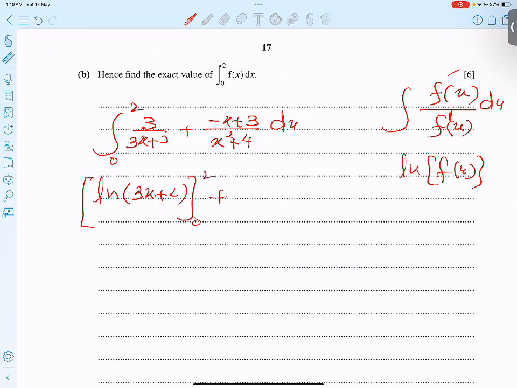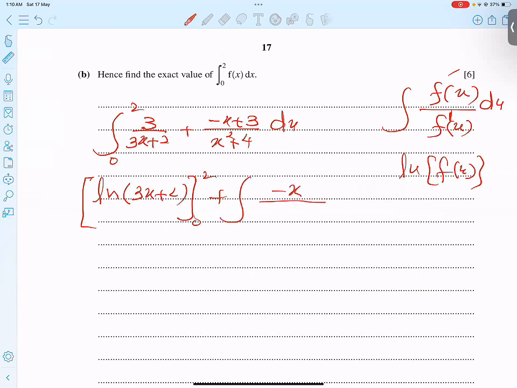But what about this one? What is its derivative? If we check, the derivative turns out to be 2x plus 0. But do we have 2x plus 0 available on top? No, we don't. The problem is this 3. So what we'll do here is split it into two parts.